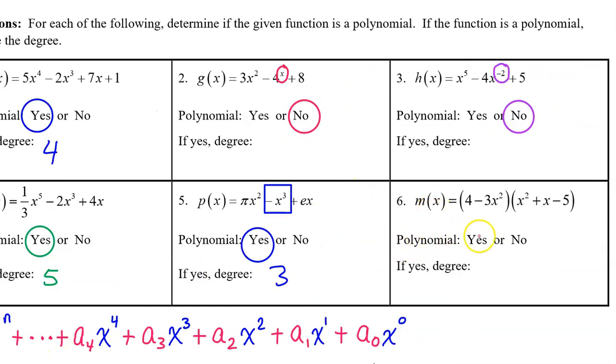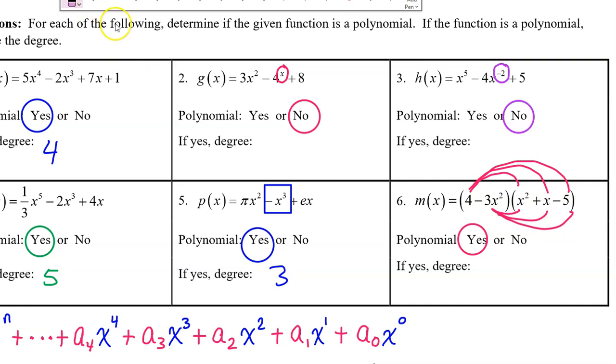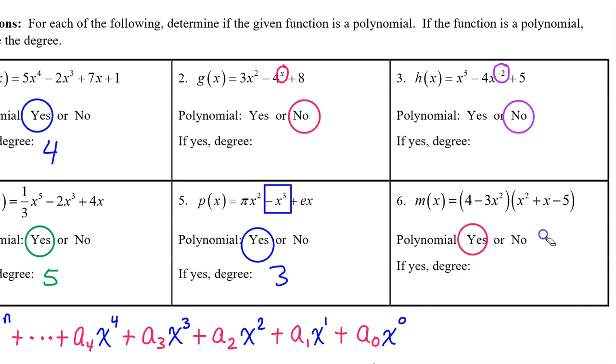Number 6, m of x is a polynomial. Even though it is not written in standard form like this, you can imagine doing the distributive property and multiplying every term of the trinomial by 4, and then multiplying every term by negative 3x squared. We're not going to take the time to do that because we don't need to do that to answer the question, but if you did multiply that out, you would see the polynomial in standard form like this.